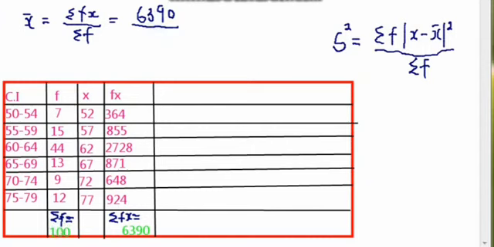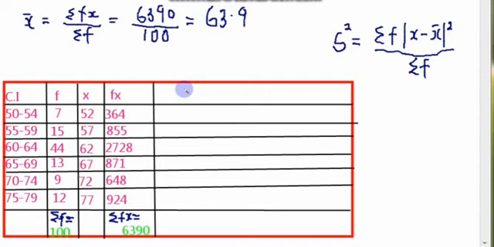So 6,390 divided by 100. Use your calculator to press it. 6,390 divided by 100 gives us 63.9. So this is our mean. Our mean is 63.9.